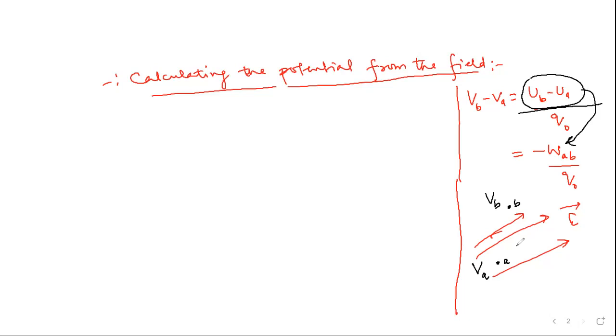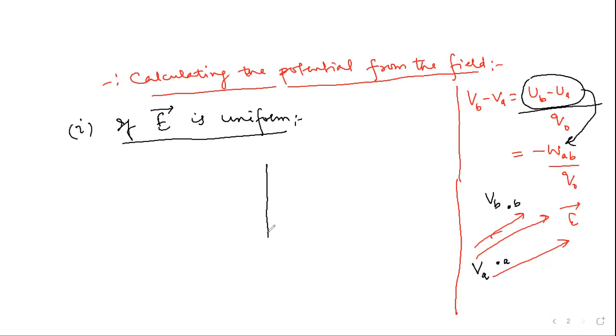So first we take the case of uniform electric field. So first I take E uniform, that means throughout the space electric field everywhere is same. Same electric field means that the magnitude and direction both of the electric field at every point is same.